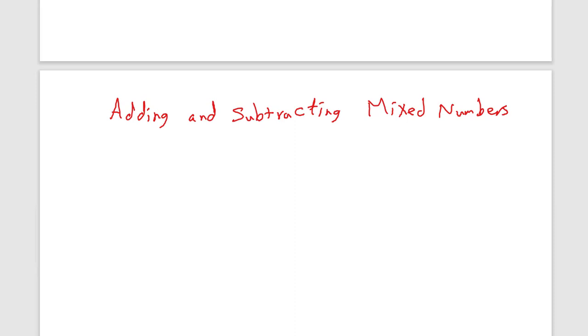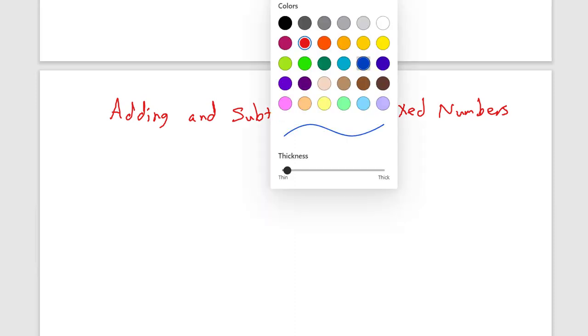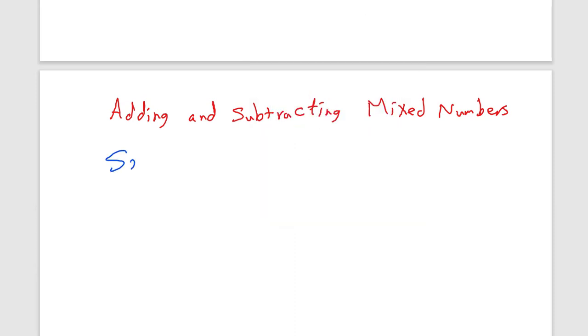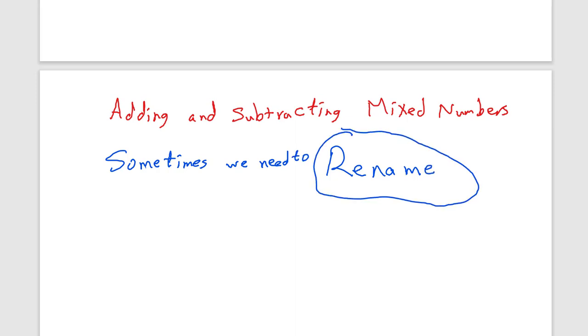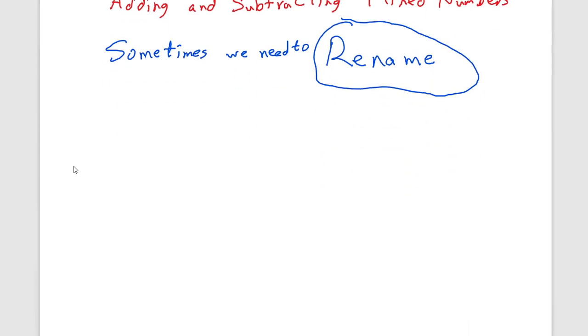In this case, my heroes, sometimes we need renaming. We need to rename to do it. Okay, let's see some examples for this. We need to focus on how we rename.